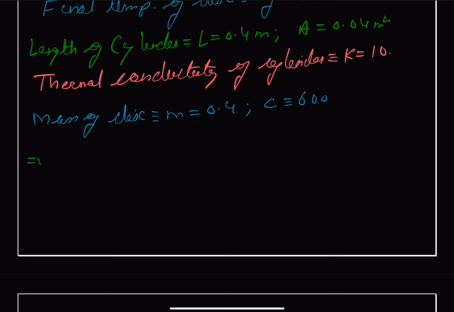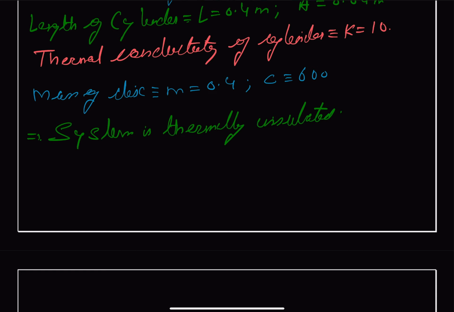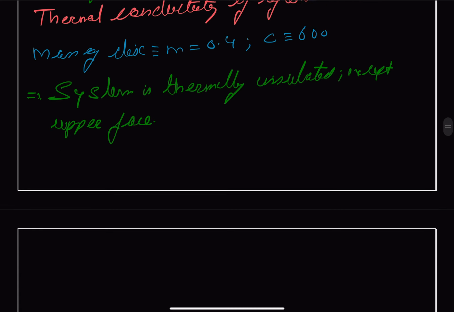So we are given that the system is thermally insulated except the upper face, which basically means that heat flows only from the hot end through the cylinder to the disk.